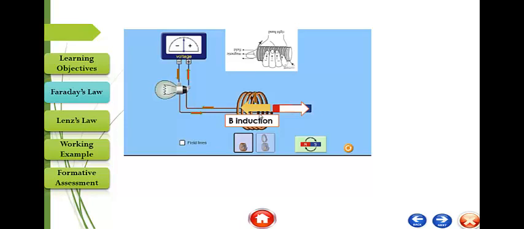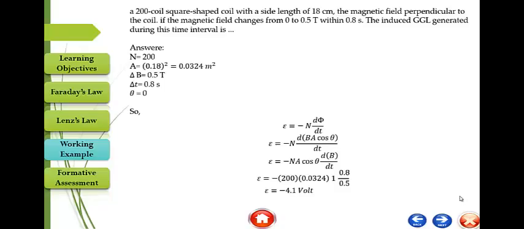The induced magnetic field must increase, so the direction of the induced magnetic field is to the left. So based on the right hand rule, the current is upward.